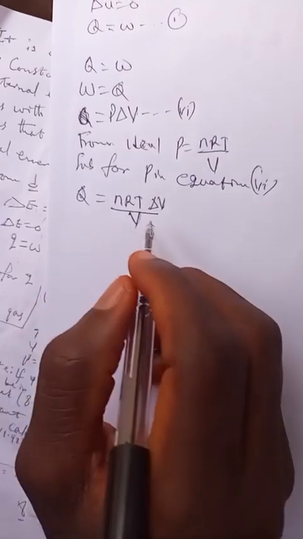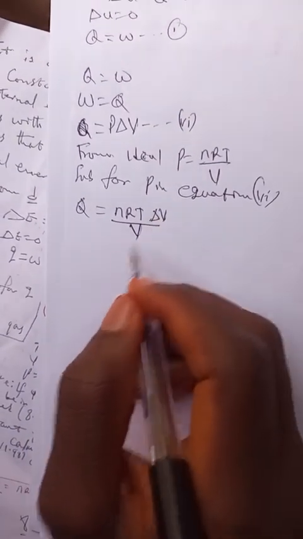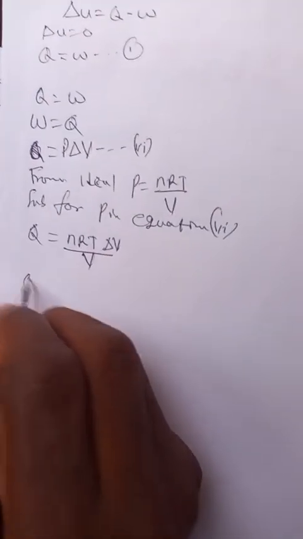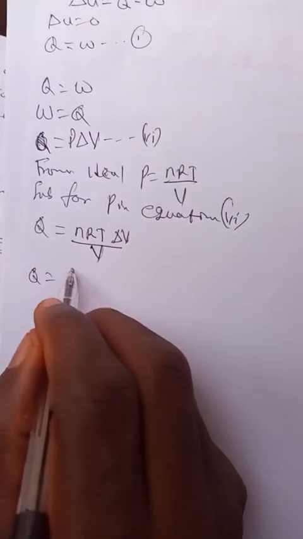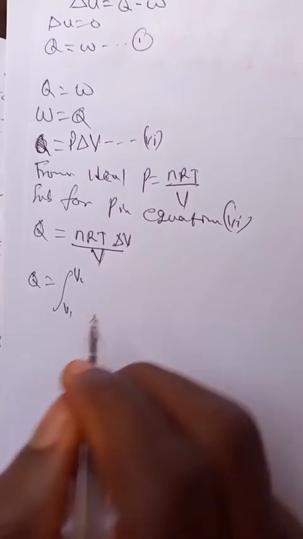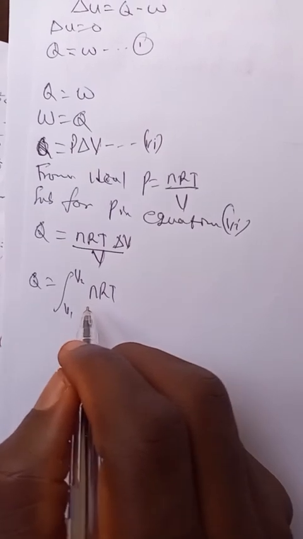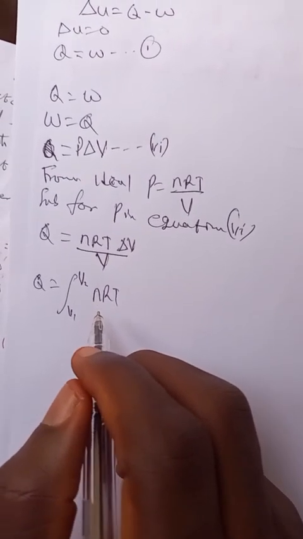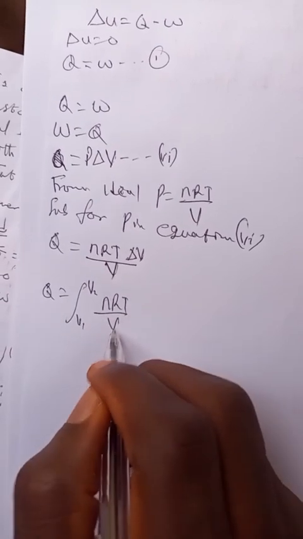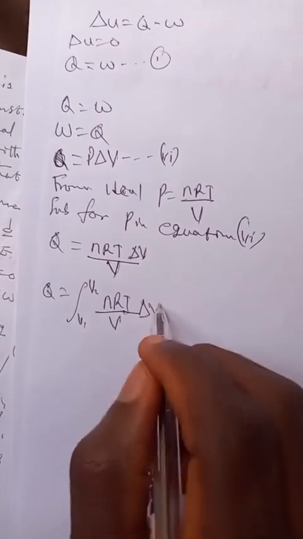So now we are going to integrate dV, or delta V, with volumes V1 and V2. This will now be Q is equal to the integral from V1 to V2 of nRT over V dV.